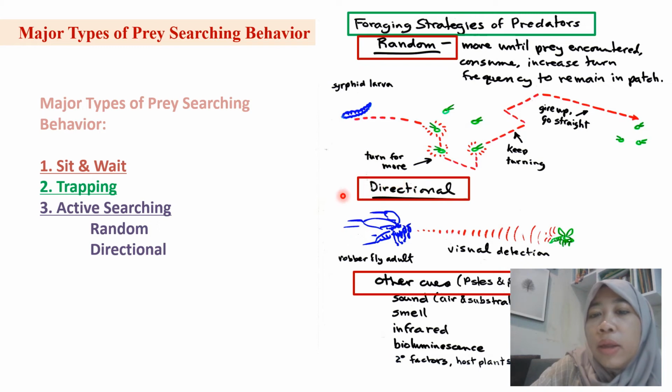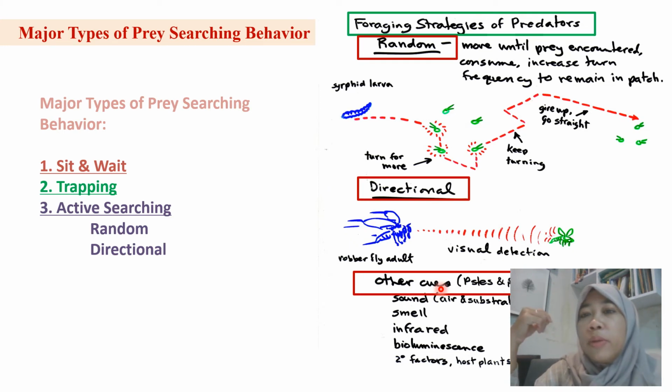The predator will move easily with directional cues, maybe from the sound, maybe from the shape of the body, maybe from the volatile compounds produced by the plant, and maybe from the chemical coating of the pest. That is directional movement.